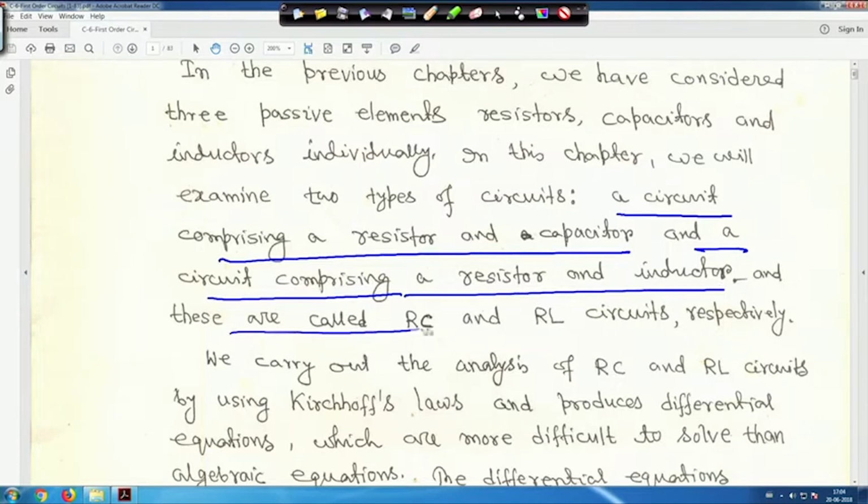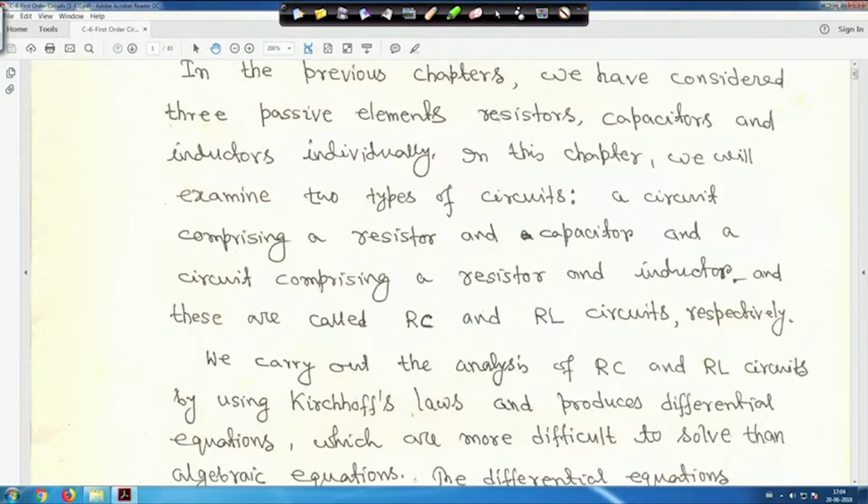These are called RC circuit and RL circuit respectively, right. We carry out the analysis of RC and RL circuits using KCL and KVL, and it produces differential equations, which are more difficult to solve than algebraic equations, right.